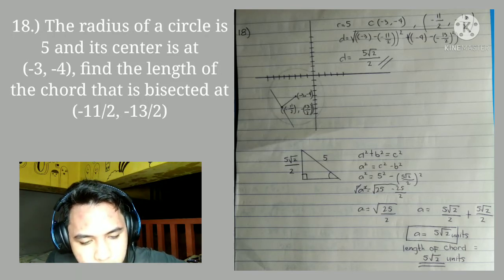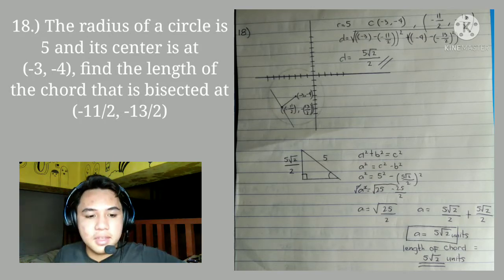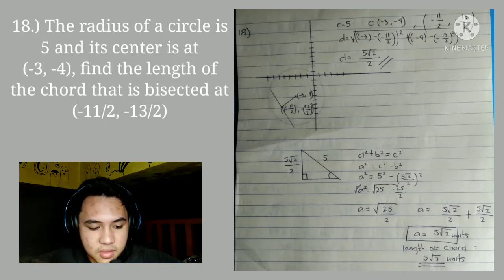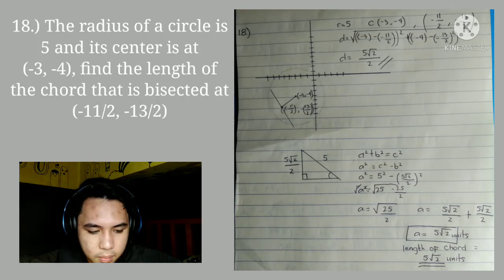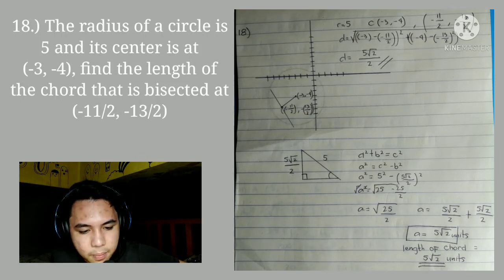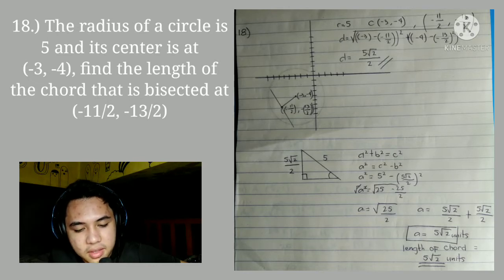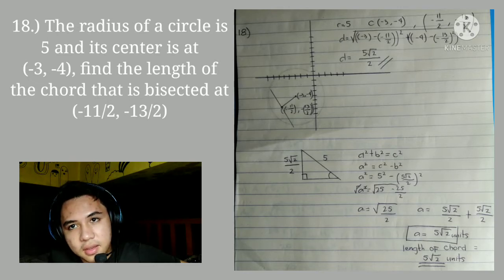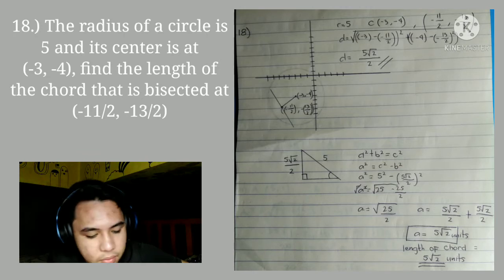What we will do next is find the distance from the center to the point at which it is bisected. We are going to use the distance formula: the square root of (x2 − x1) squared plus (y2 − y1) squared.